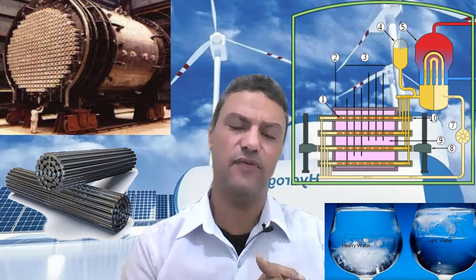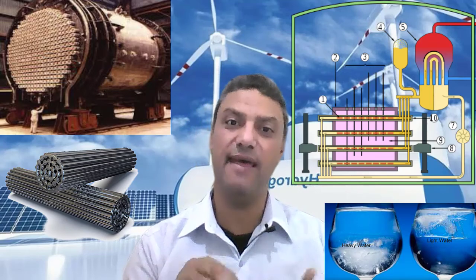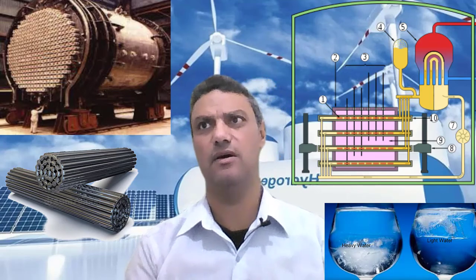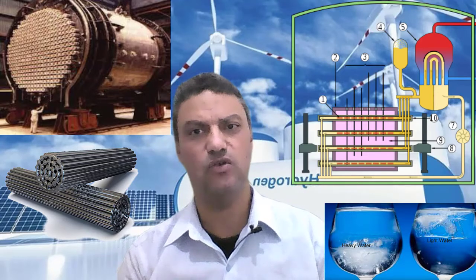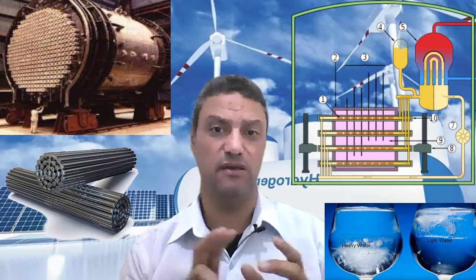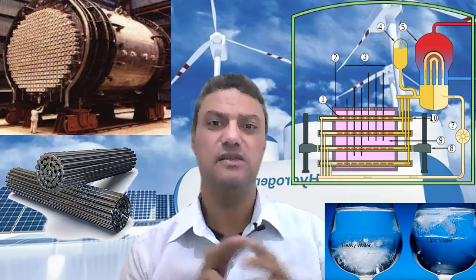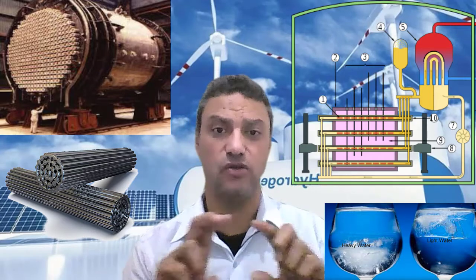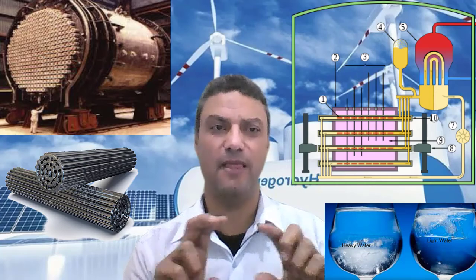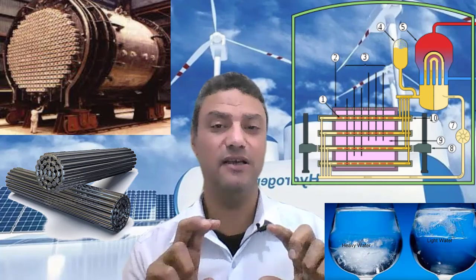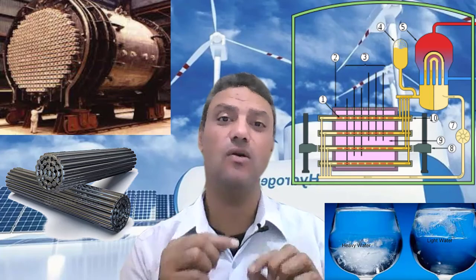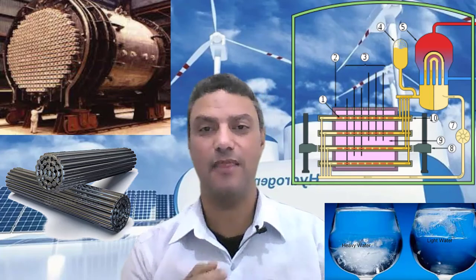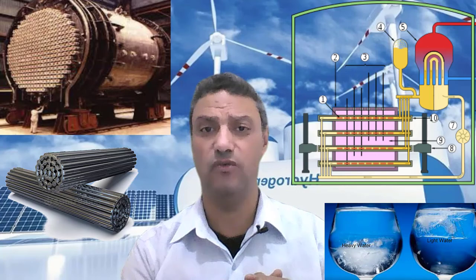The second difference between CANDU and light water reactors, the normal pressurized water reactor, is the design of the vessel. The vessel itself is horizontal, the calandria. This calandria is multi-layered, where there are special channels for fueling and fuel removal.